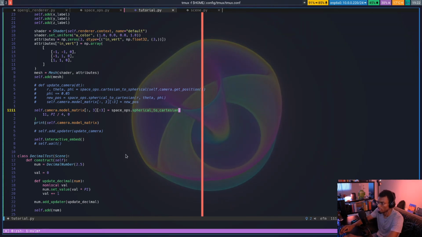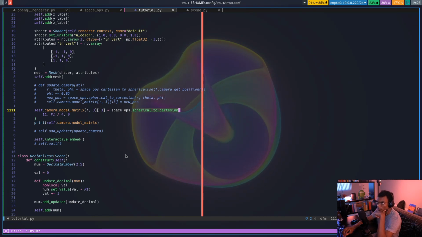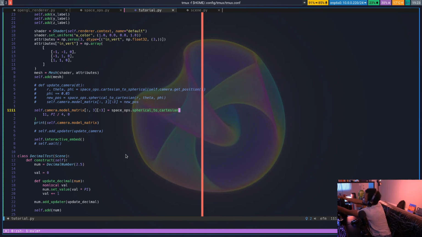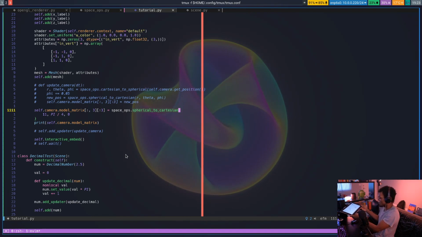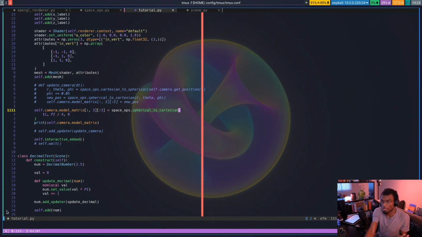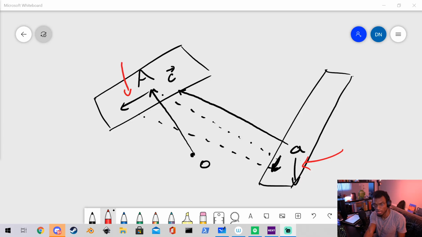Well, better get to it. So I think what I want is, luckily the camera has a model matrix, so this will be a little bit easier to do.